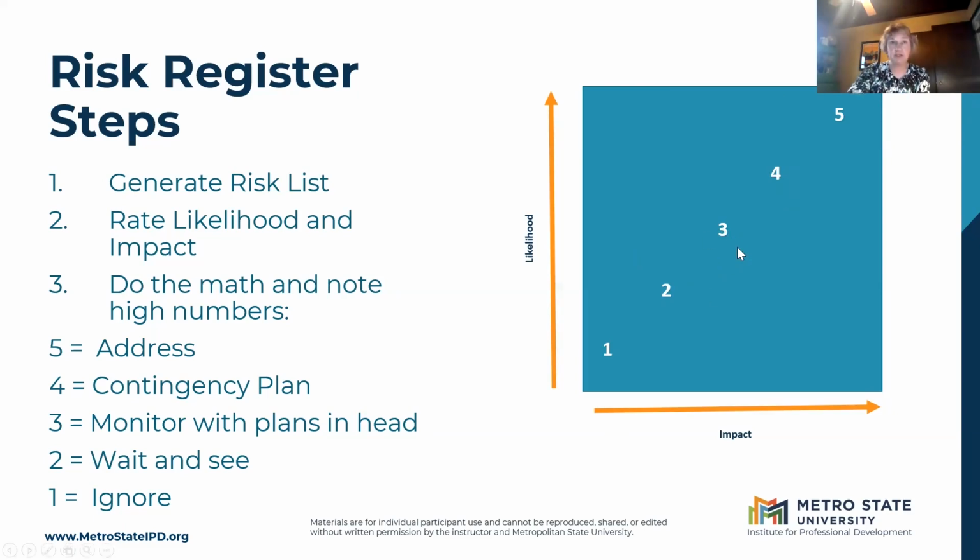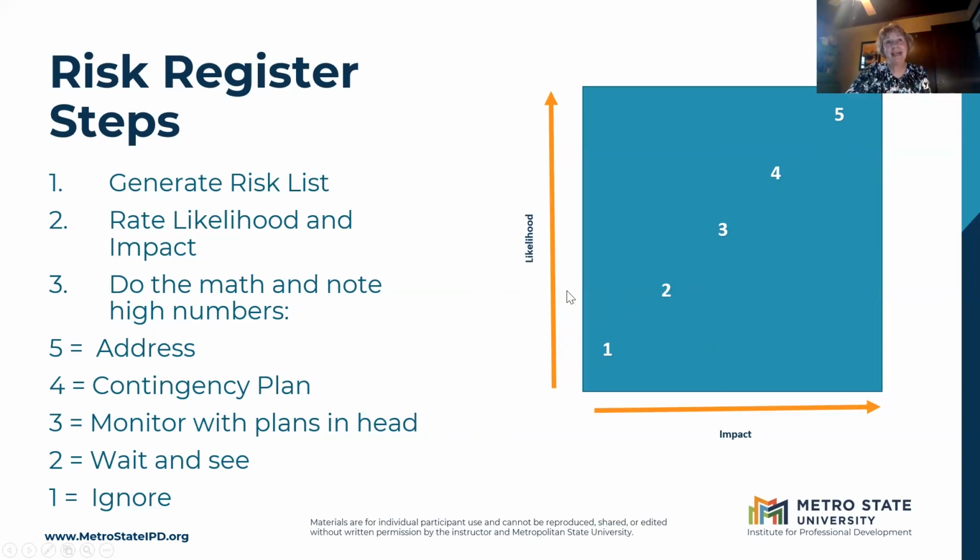I don't know that I'm sounding any alarms outside of my team, but I might say to some of my team members, if this happens, I'd like you to have a plan ready to go. So maybe I delegate the 3 to somebody else on my team. And again, it's a sliding continuum. If I didn't have any 5s and very few 4s, then I might write down some actions for some 3s.